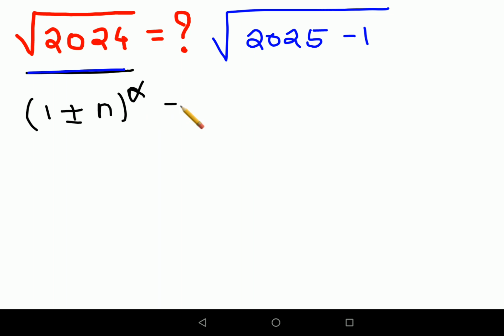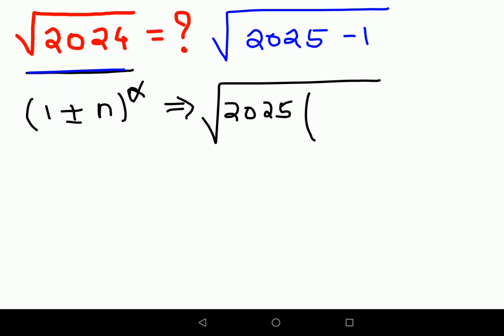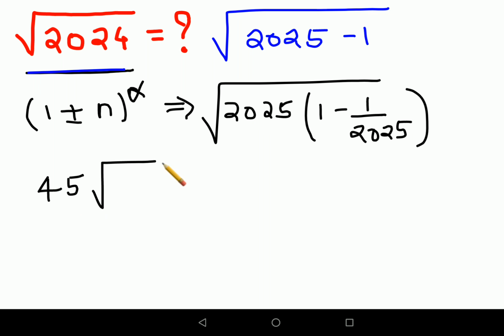So here also I will take 2025 out, and I will be left with 1 minus 1 upon 2025. Now I can take the 2025 outside the root. Please understand, 2025 is nothing but 45 squared.